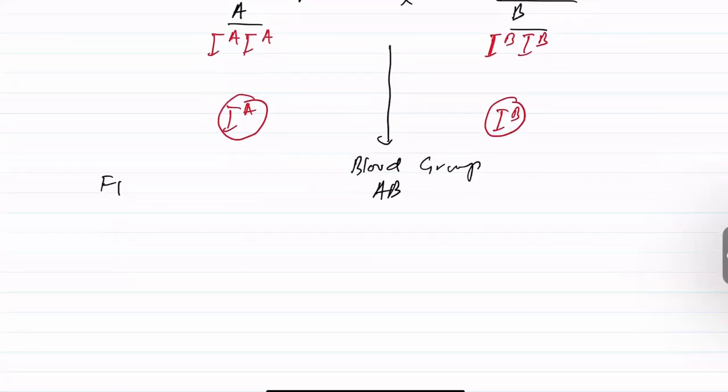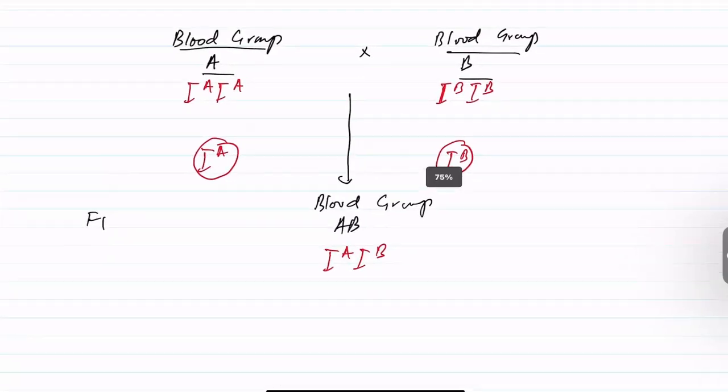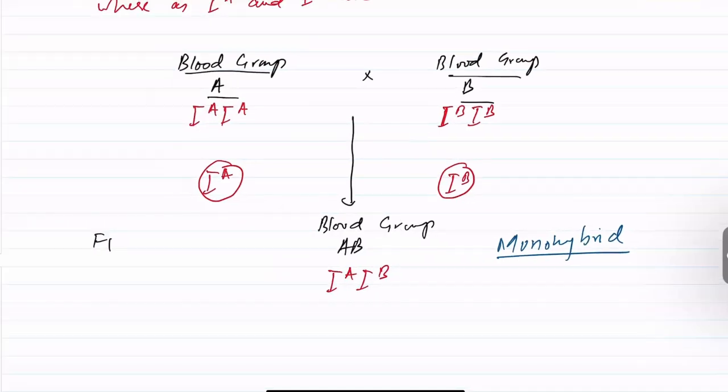When fertilization takes place, these two gametes fuse together and the offspring produced will have IA IB. So this is an F1. All offspring produced will have blood group AB. Both parental characteristics are expressing in this monohybrid, so that's why it is codominance.